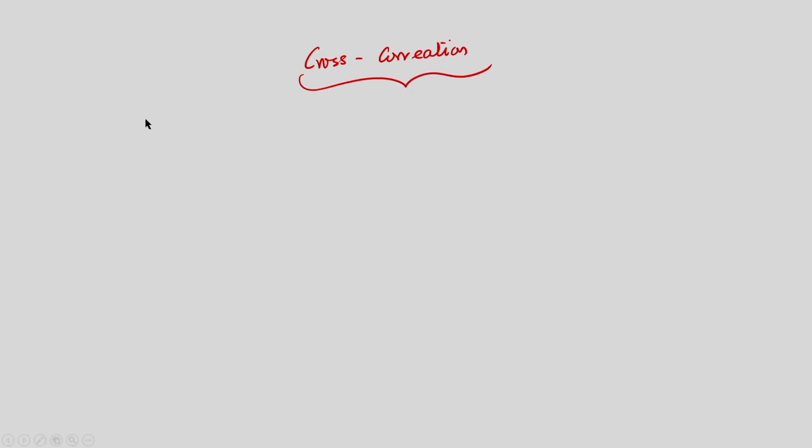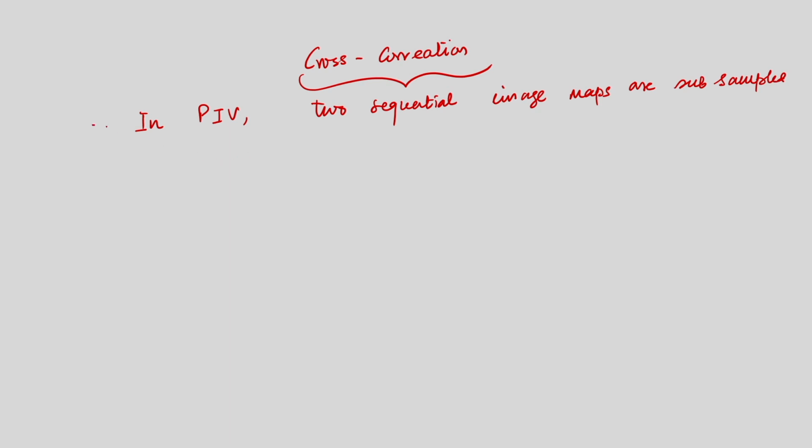In particle image velocimetry, two sequential image maps are subsampled. I will discuss this in detail again.